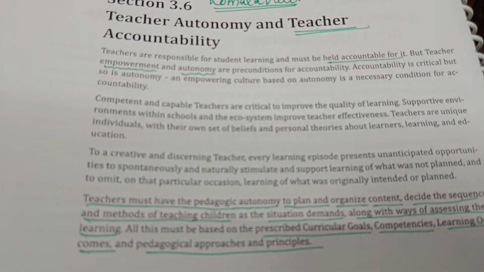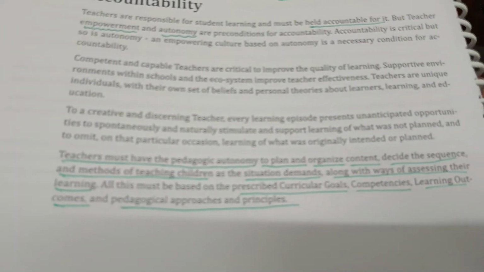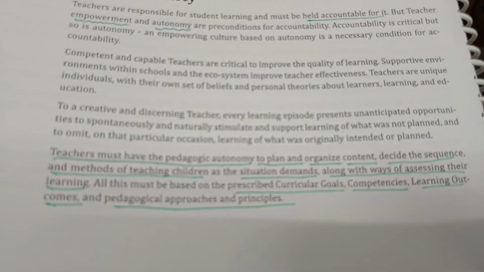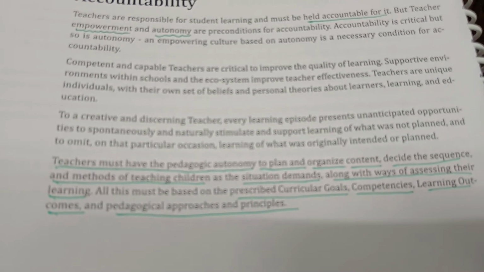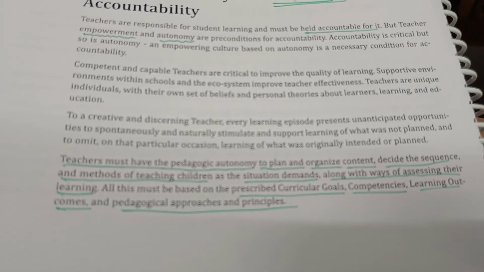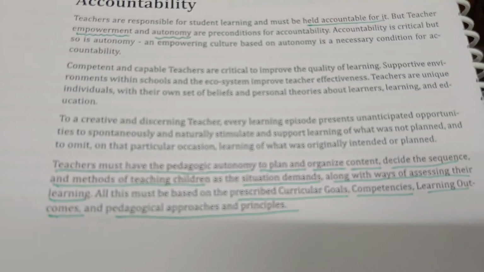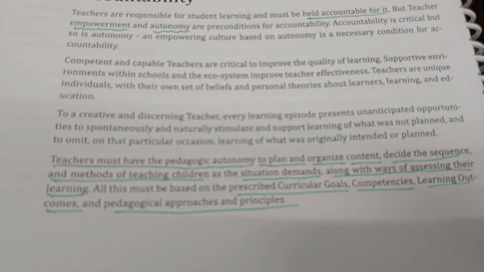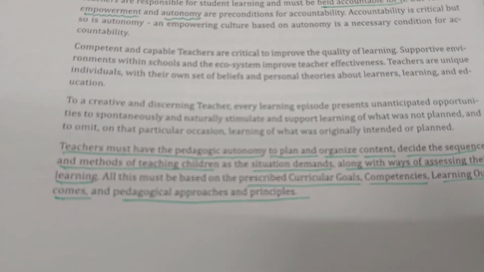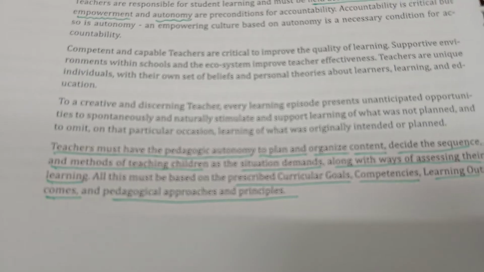Supportive environments within school and the ecosystem improve teacher effectiveness. Teachers are unique individuals with their own set of beliefs and personal theories about learning and education. To a creative and discerning teacher, every learning episode presents unanticipated opportunities.